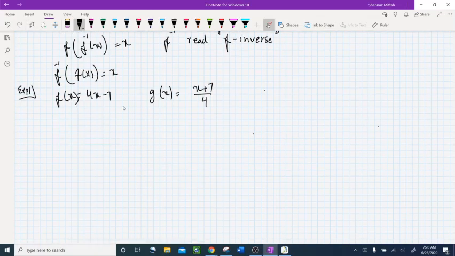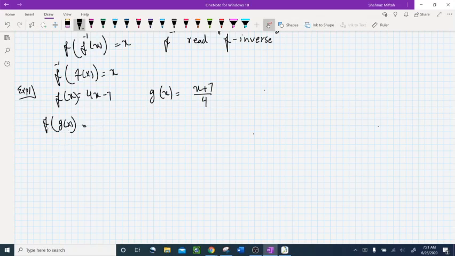Let's first test whether g of x is the inverse of f. If we get x as an answer, then g is the inverse of f, and then we can do the other way around, vice versa.